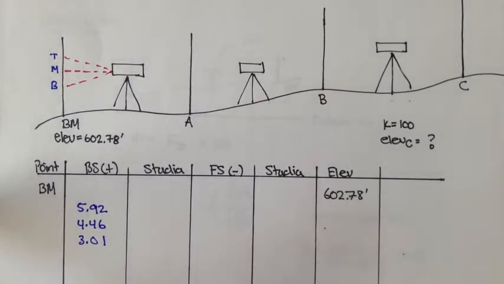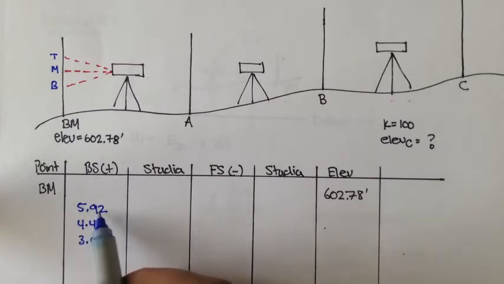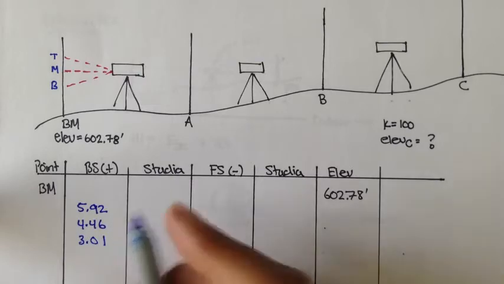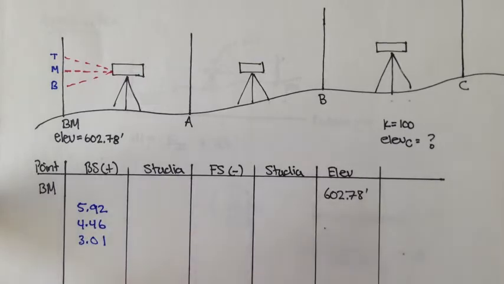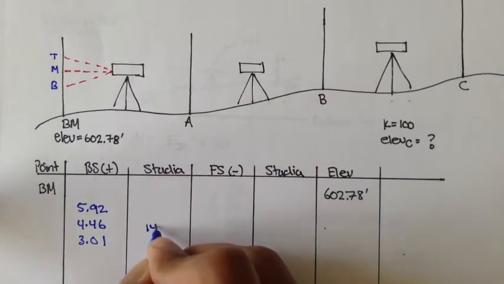Okay, the first thing you want to do is check your stadias. Let's assume K is 100. Okay, so the half stadia for top minus middle is 5.92 minus 4.46, which is 1.46, and if we multiply that by 100, we get 146.